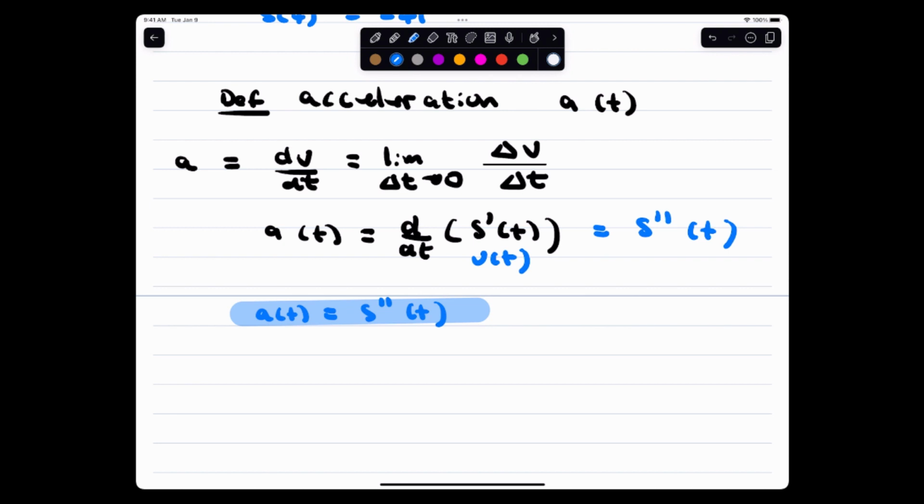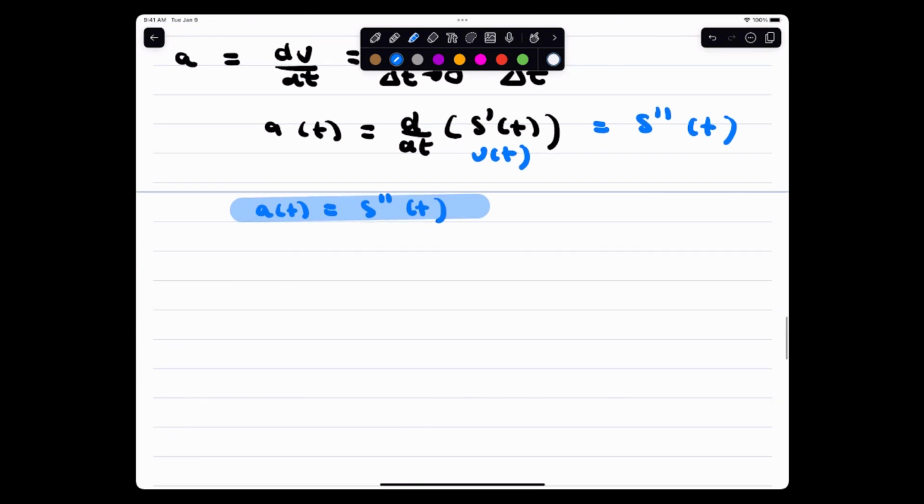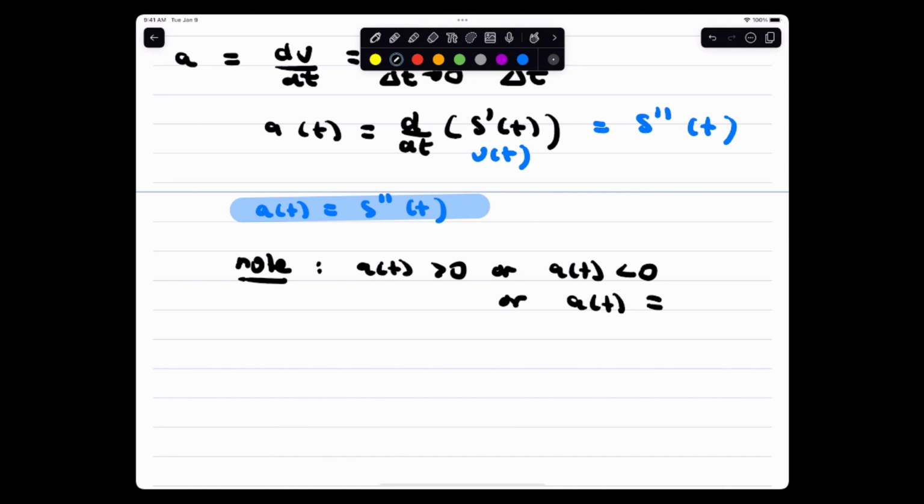Let's really be clear. Your acceleration can be what? Positive, or it can be what? Negative, or it can be what? Zero.